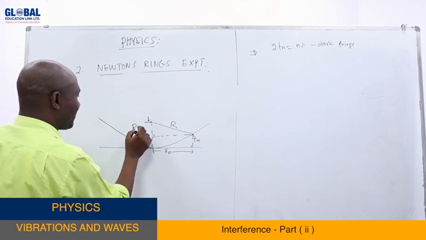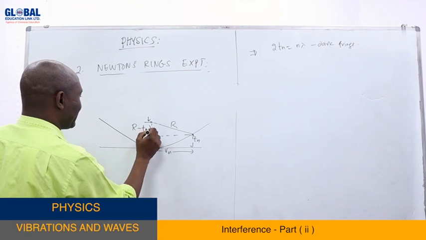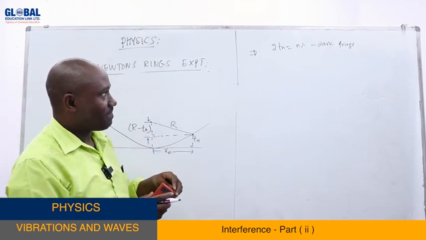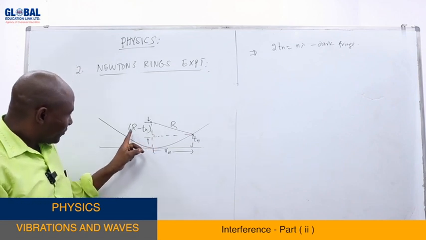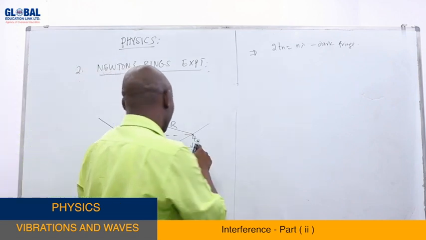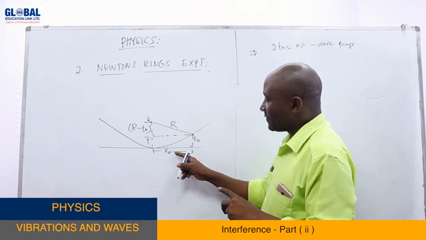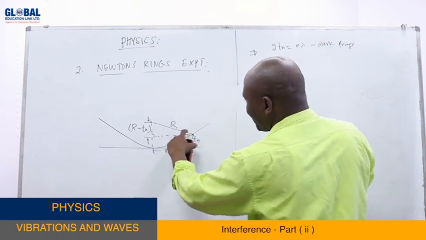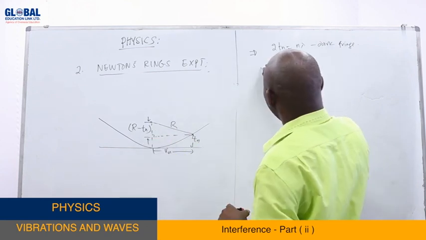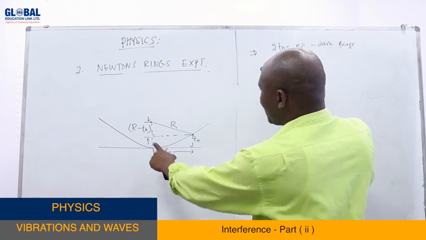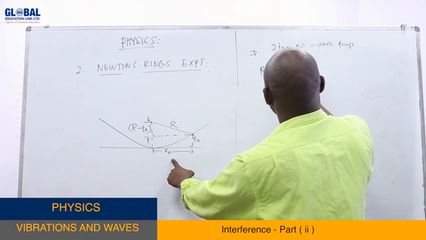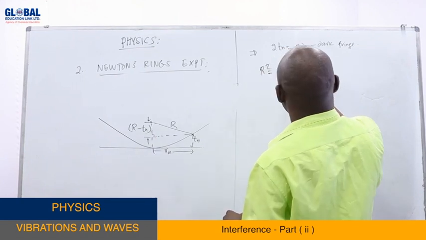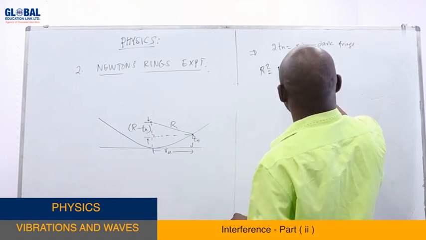It's the radius of curvature minus Tn. So in the air wedge, we used that concept for the dark fringe. But here, because of the thickness in between, this is the radius of the ring. So use this part of the triangle which is formed here. So R squared equals this length here, the radius Rn squared, plus (R minus Tn) squared.